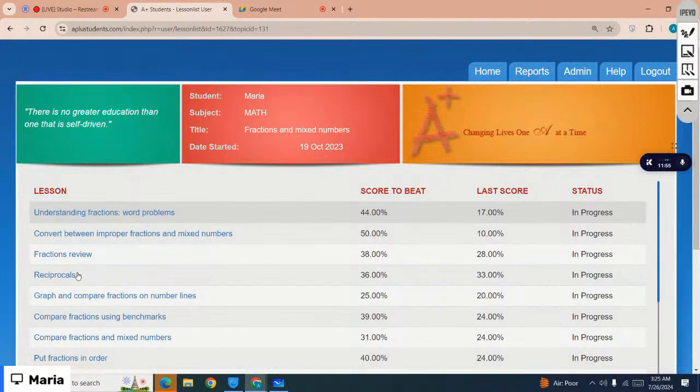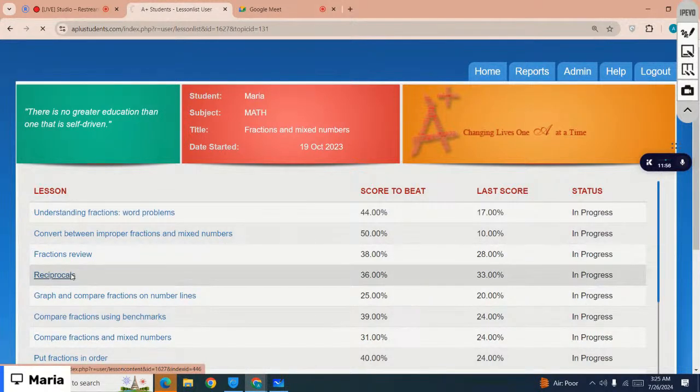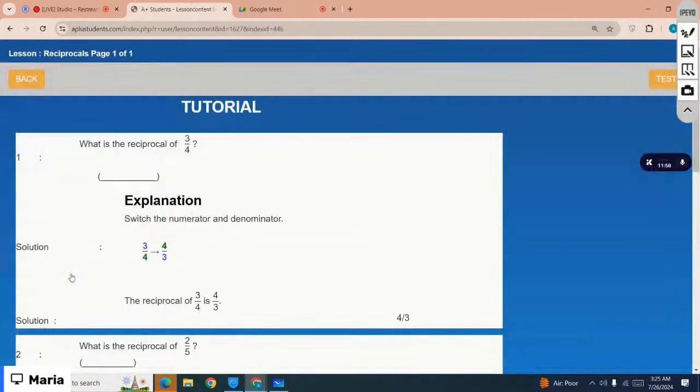The next lesson is reciprocals. So what is the reciprocal of 3 over 4? Reciprocal means you need to switch the numerator and denominator, right?